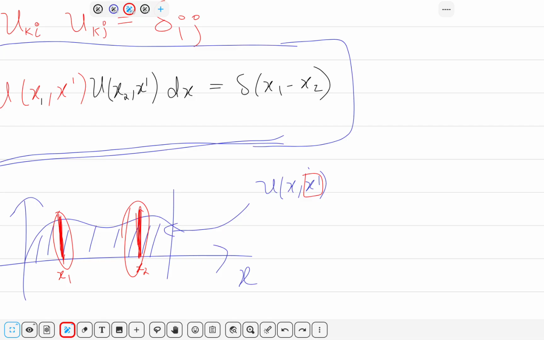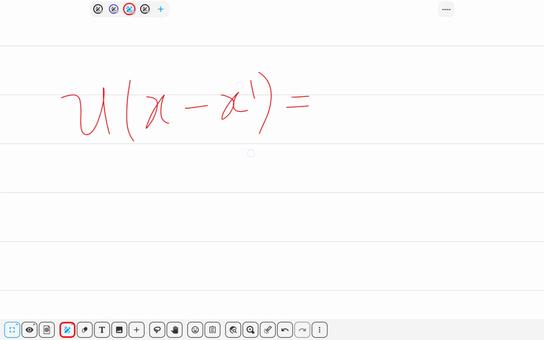One example right now I can think of is, I don't know, let us see. So actually the most trivial one will be this itself, x minus x prime, and you can see why.